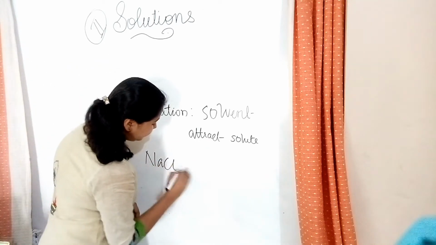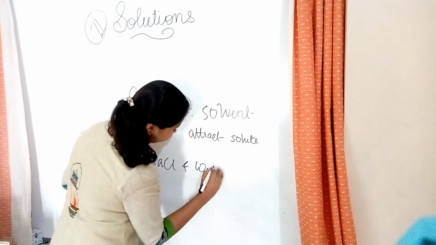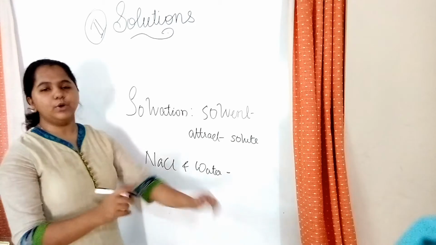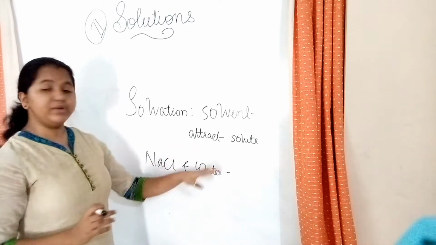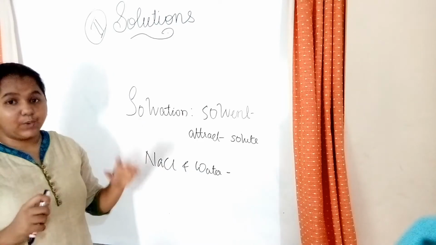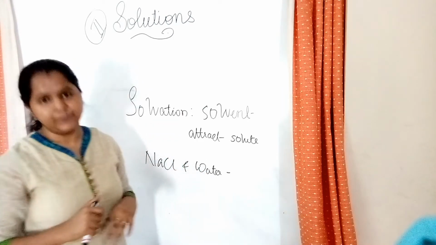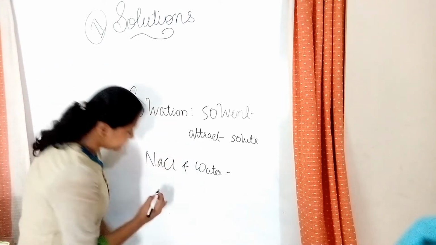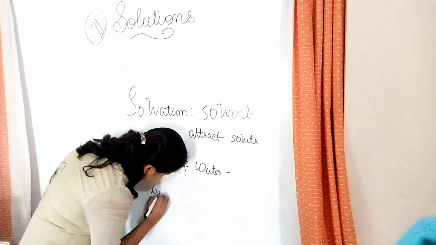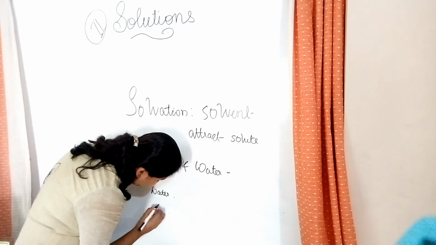Okay? So now let's take an example. A common example, NaCl and water. NaCl is salt, in water. So over here, how do you define solvation? That is the splitting of NaCl with the help of H2O. Let me write water. How does water look like?